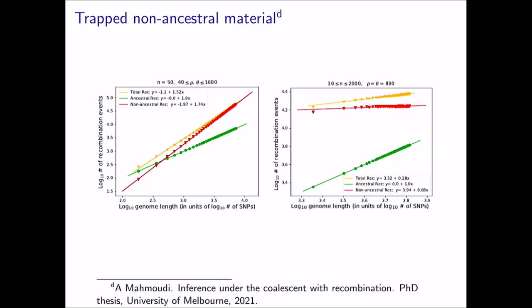The picture is on a log scale, which explains why these things don't seem to add up visually. But the point being made is that this is a modest genome length scenario, and this is where the genome length is very high. In both cases, when you increase the number of sites at which you're looking, very quickly non-ancestral material starts to dominate.